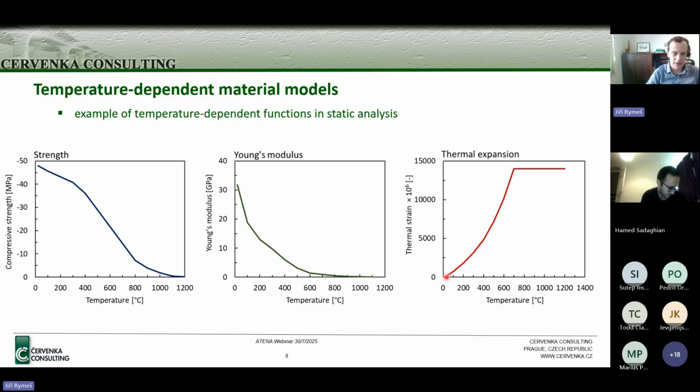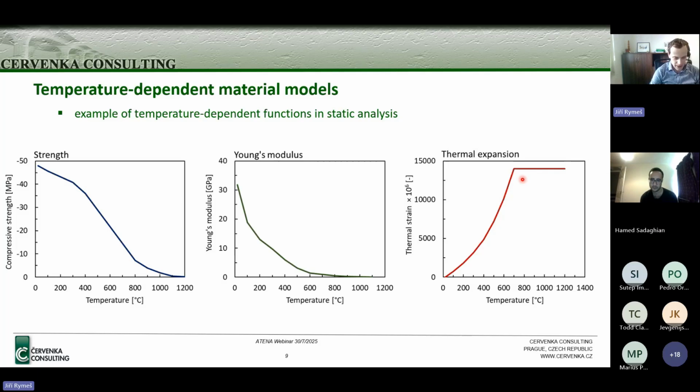This is actually taken, I think, from the Eurocode standard. In case you wonder why this is constant here, I think the idea behind it is that after some point the material is too damaged to be able to expand. So it's kept constant.